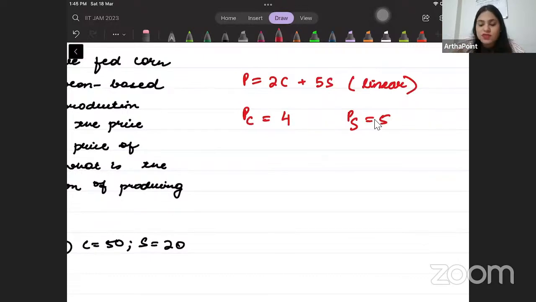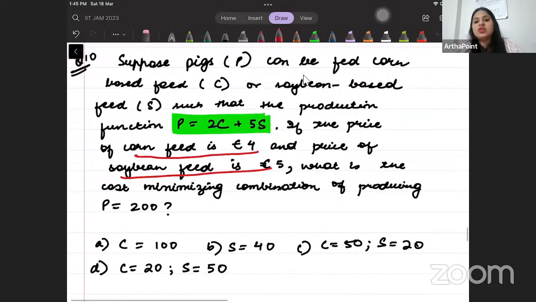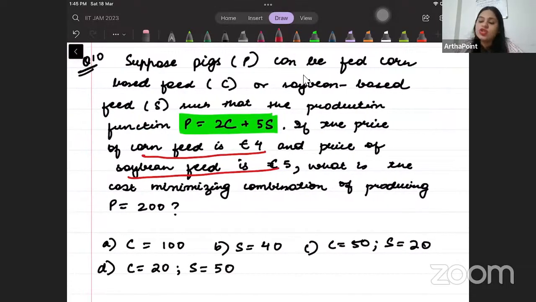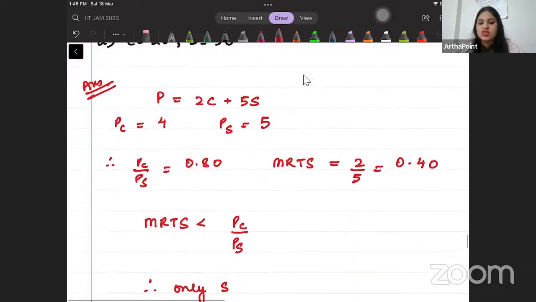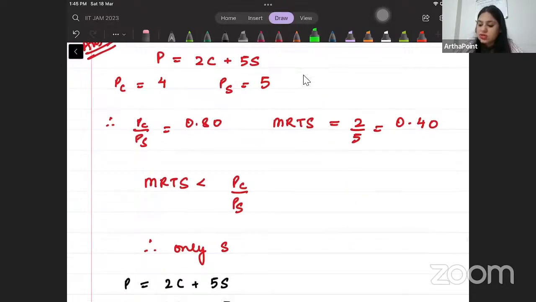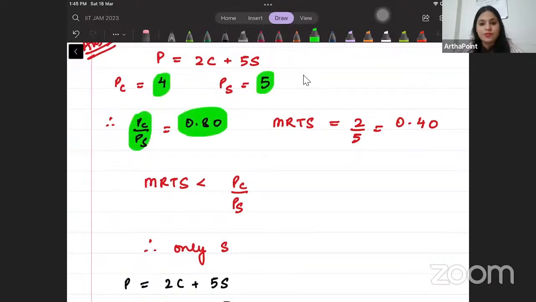We know the ratio of these two inputs. We can check whether MRTS is greater than or less than this ratio, and then we can go ahead and check which input to use. So let's try that. If we notice, the price ratio PC by PS will be 4 by 5, which is 0.80.